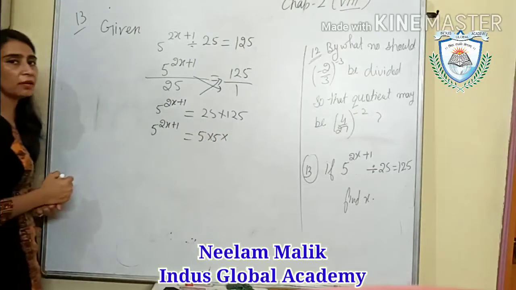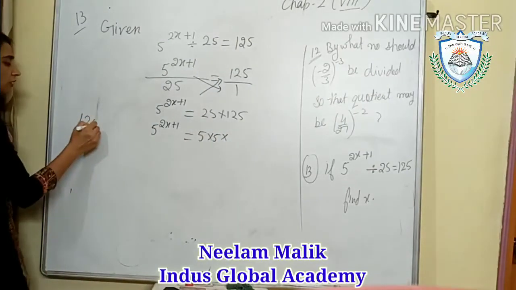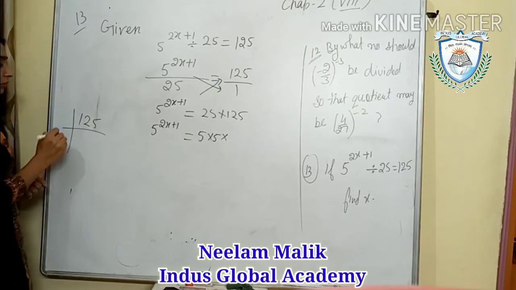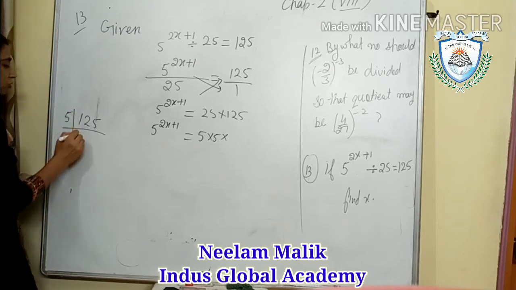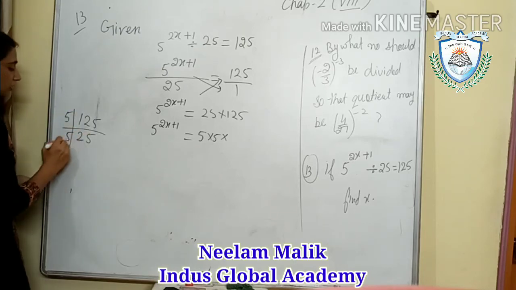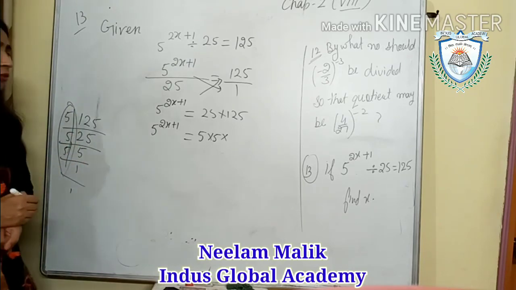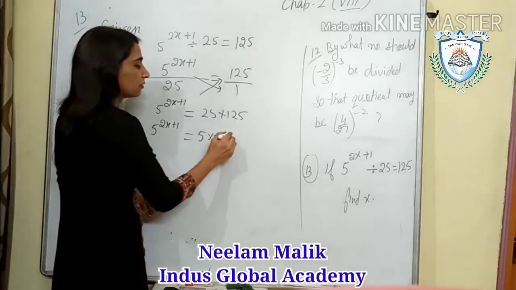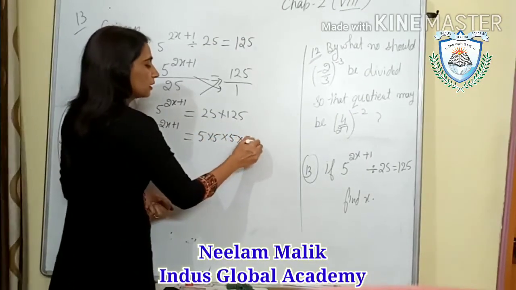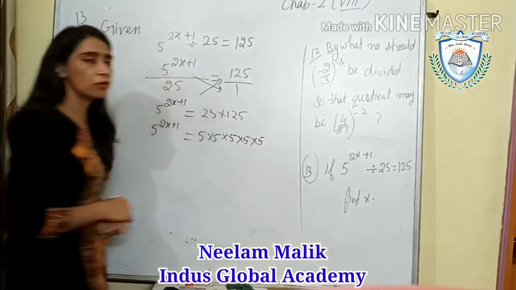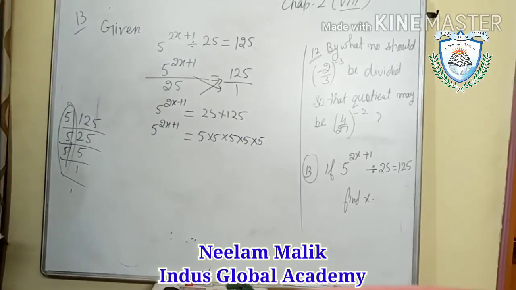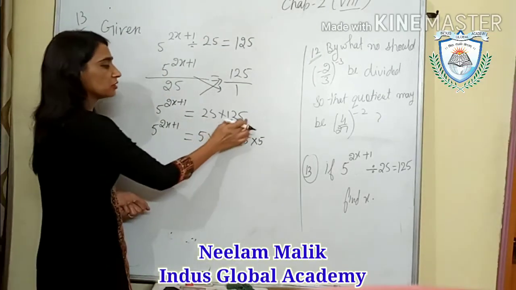And what do you mean by 125? If I find the factors, or do the prime factorization, I get this. Means if we multiply 5 three times, then we will get 125. So I can write 125 as a power of 5, means 5 raised to 3. So two 5s for this and three 5s for this.